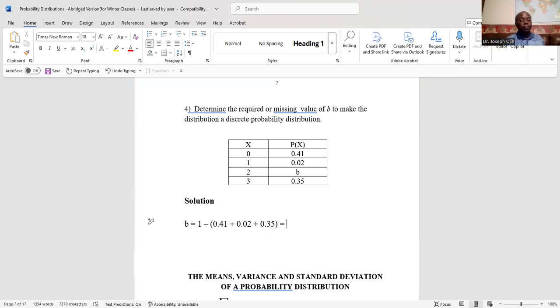Write it down. 1 minus 0.41 plus 0.02 plus 0.35.